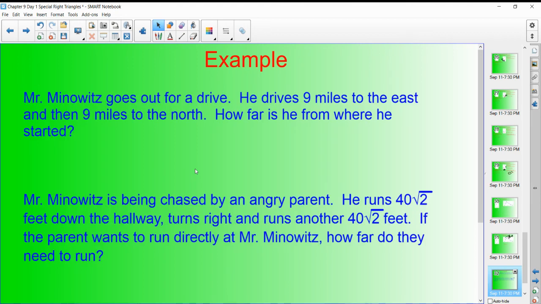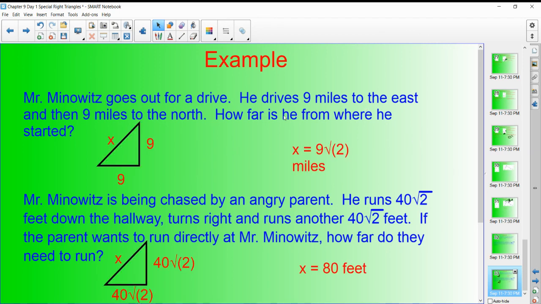So one more set of practice. Okay, here's some more problems. Draw the picture. Set it up. Find the answers. When you're ready, unpause the video, and we will see if you got them right. Okay, hopefully you noticed that both of these are 45, 45, 90 triangles.